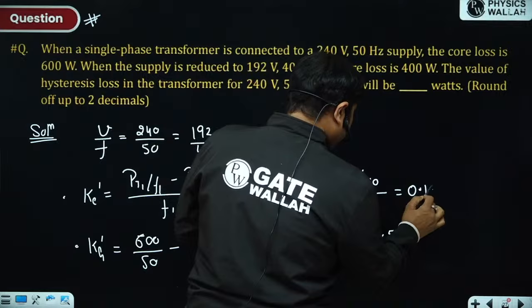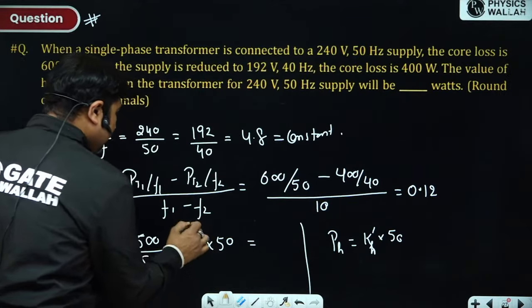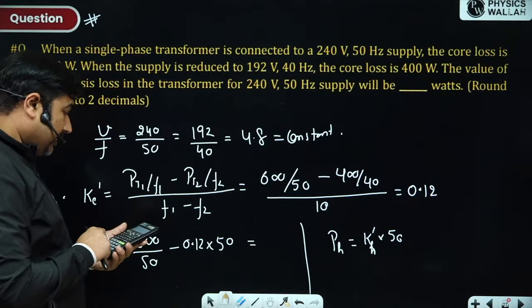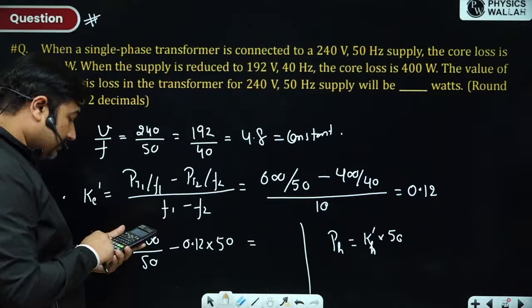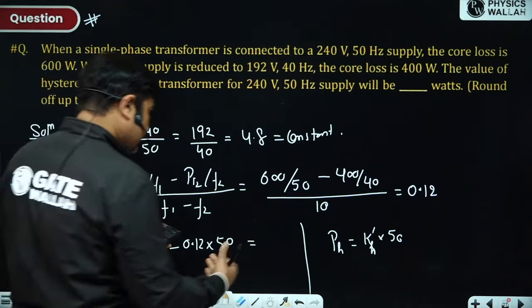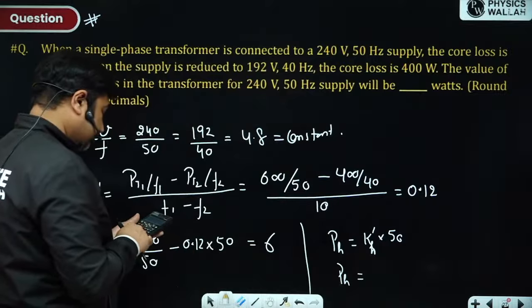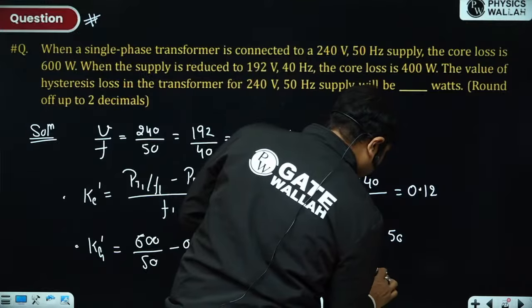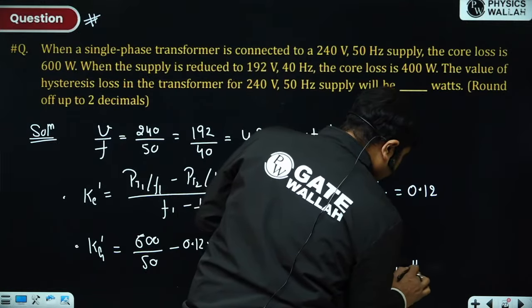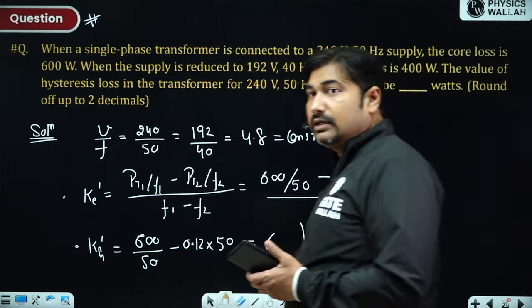That is 0.12, into 50. 600 by 50 minus, the answer is 6 only, and PH will become 300 watts. 100 watt.